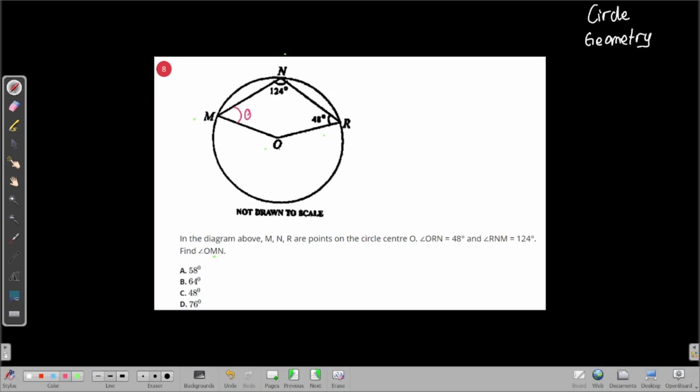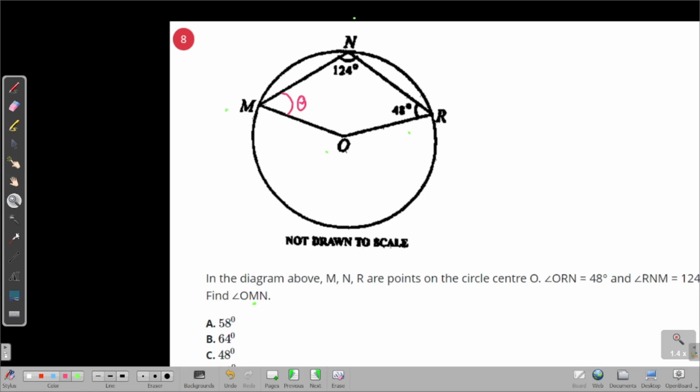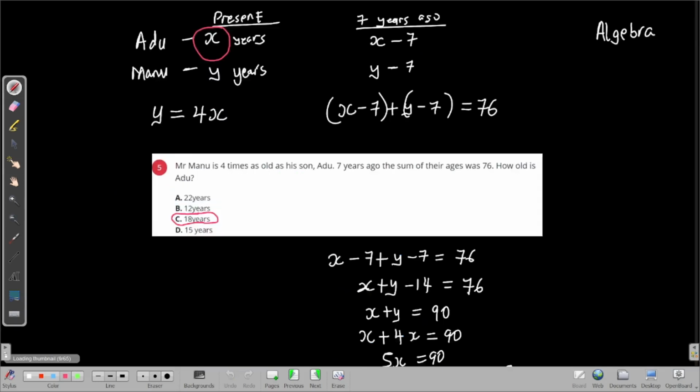Let's call that theta. Now, in order to solve this question, you need to know what this particular angle is. Let's call it alpha. And how can we know what that angle is? Well, we're going to use this theorem that we used earlier.